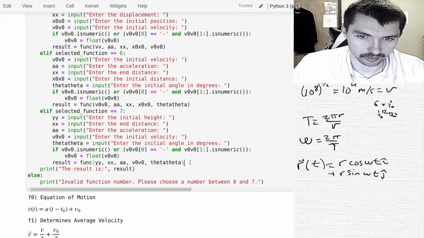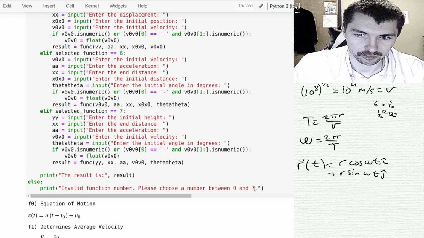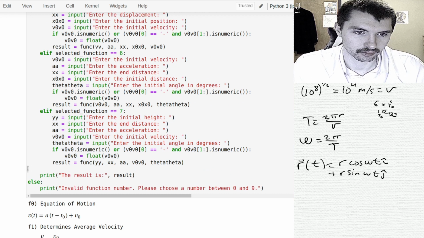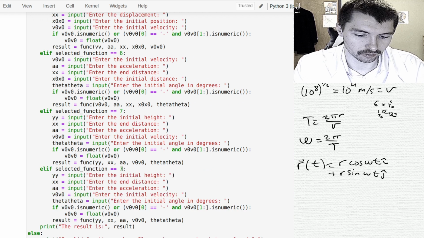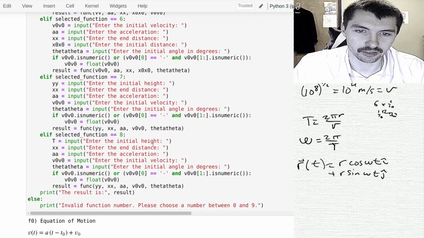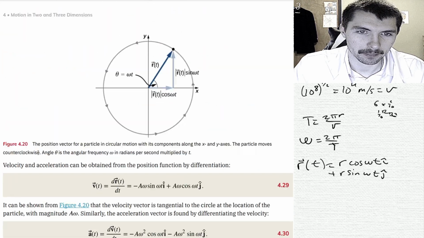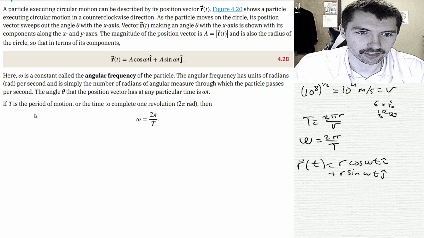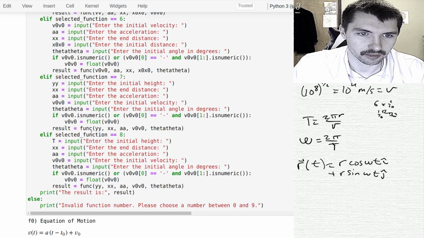Okay, last part. So we're gonna do 8. So T is a period of motion.